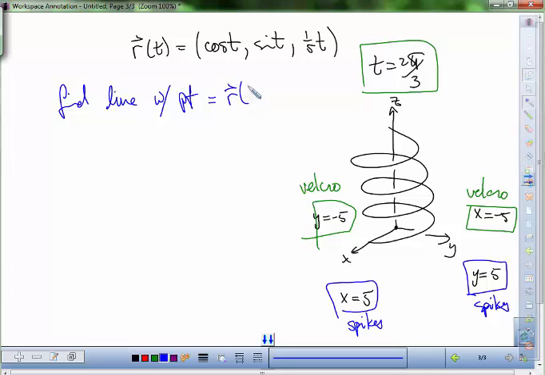So in math, we say r of 2 pi over 3. And we said we needed a direction also. What is the direction here? At 2 pi over 3, it's the derivative at 2 pi over 3. R prime of 2 pi over 3. Okay?